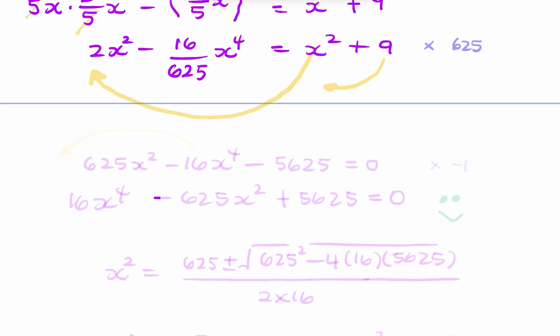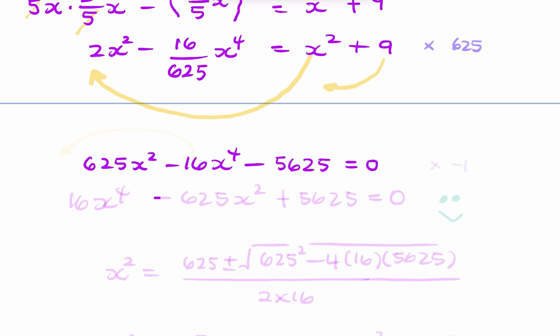So that will give me 625x squared minus 16x to the power 4 minus 9 times 625, which is 5625, equals 0.